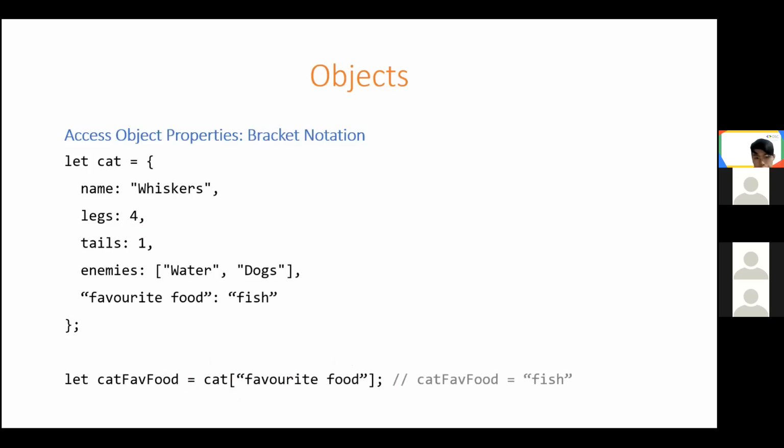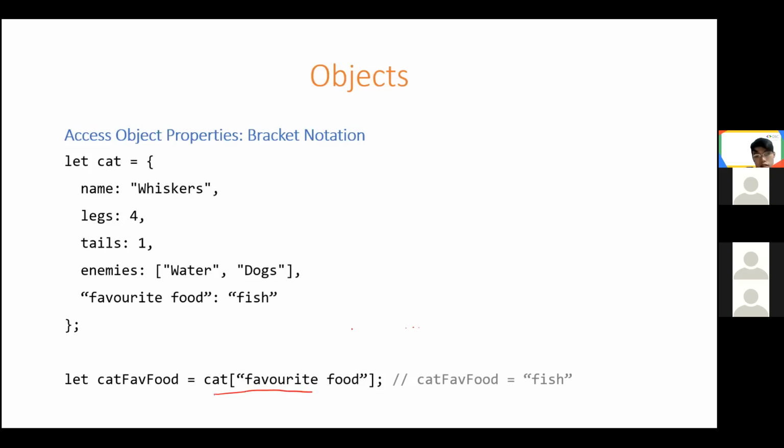Then there's also the bracket notation. If the property of the object you are trying to access has a space in its name, you will need to use bracket notation. So you cannot do cat.favorite food. This is an error, JavaScript won't recognize it.